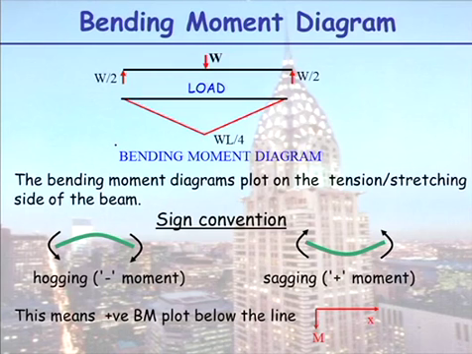We know a positive moment itself is anti-clockwise, but a positive bending moment is, as I always said, a happy bending moment. It's positive. So anything that sags like that, you should be getting a positive value for your moment. Anything that is sad is a negative bending moment. So as I said, what that means is we plot bending moment down.